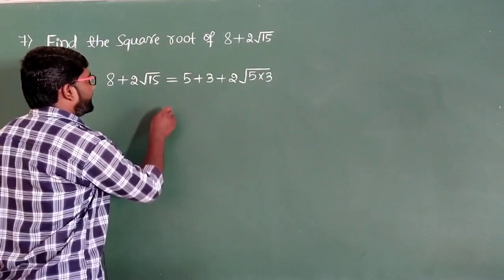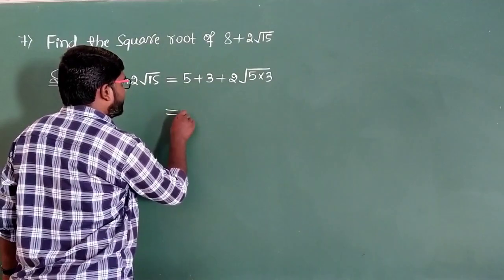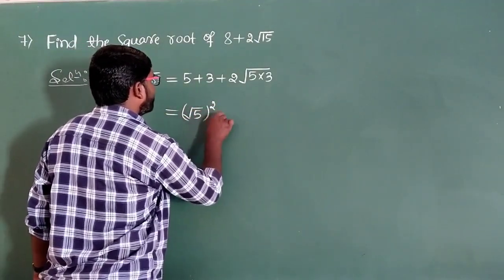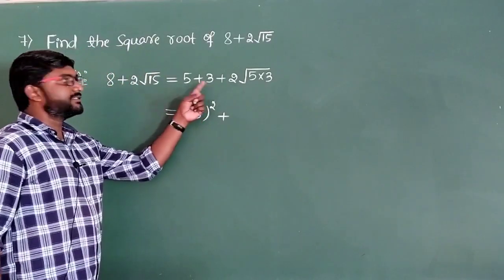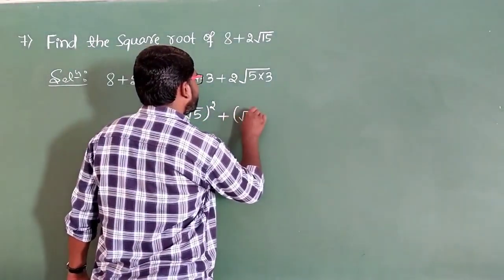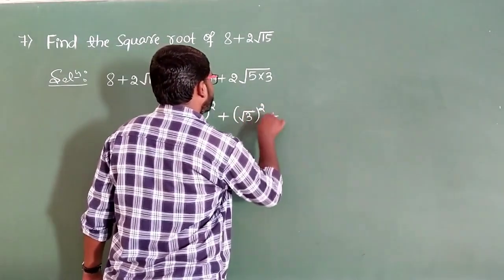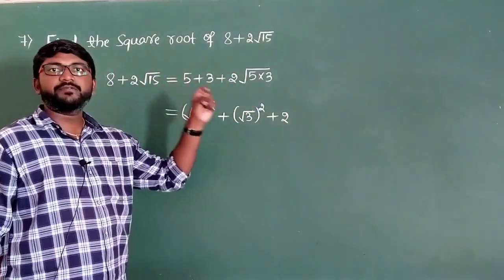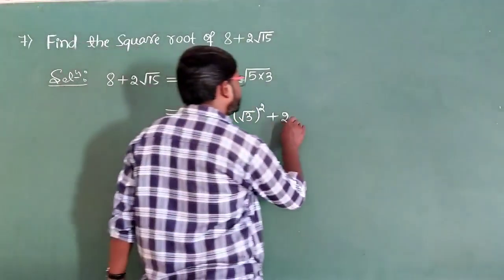In the next step, I write 5 as square root of 5 the whole square, plus I write 3 as square root of 3 the whole square, plus 2 times root 5 into root 3.